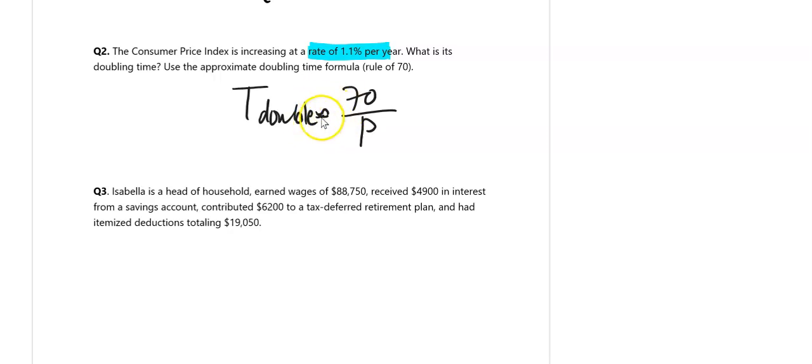Note that we use this symbol here. This is called approximately, not pretty much equal, where P is called percent per time. So that P we're going to use here. Don't change it to decimal, because that's what we're using here, 1.1 as a percent per year, per time. Here time is year. So we're looking for doubling time if consumer price index is increasing 1.1% per year.